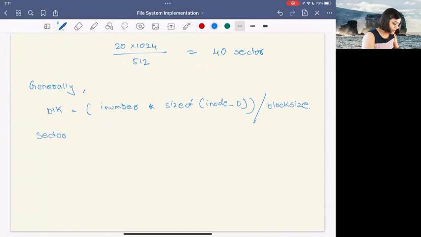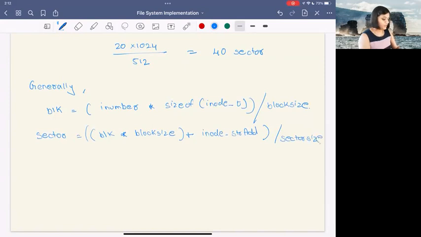And to identify the sector number that we have to look into on the disk, we can generalize the calculations that we just did above with our example, and see that the formula is: block multiplied by block size, plus inode starting address, divided by the sector size of the disk. So this would give us which sector we should look at.